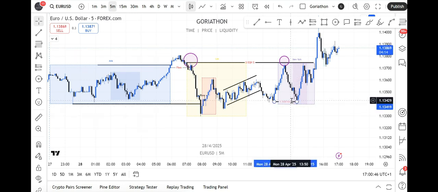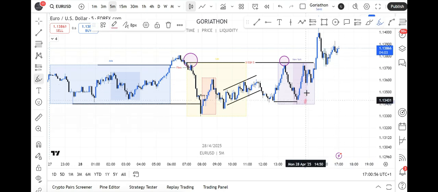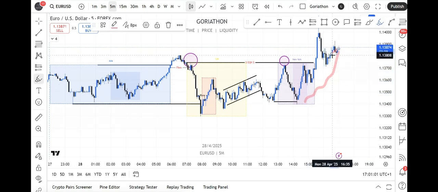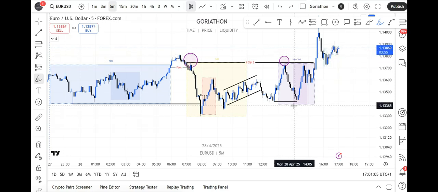So this will be a false break of structure again or whatnot. Actual low during the New York session. That's why timing is important again. Then the actual move comes, right? That's the actual move, and you can see price pushing all the way up here after an inducement at the New York trap, by sweeping this low, simple as that.